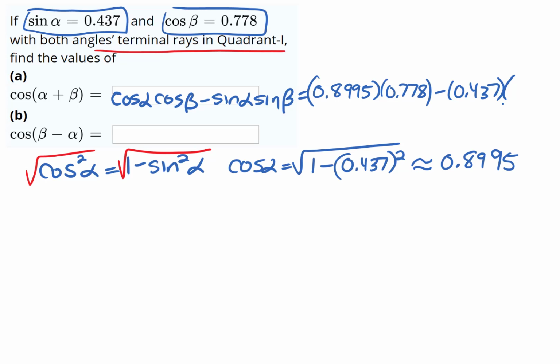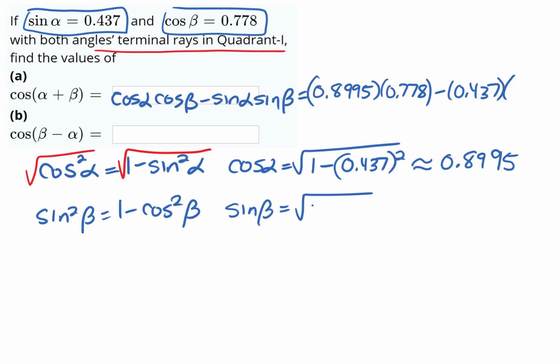Now I don't have that, but I can get sine beta, because sine squared beta is going to be 1 minus cosine squared beta. And again, square rooting both sides, I just need the positive root, so sine beta equals the square root of 1 minus cosine squared beta.